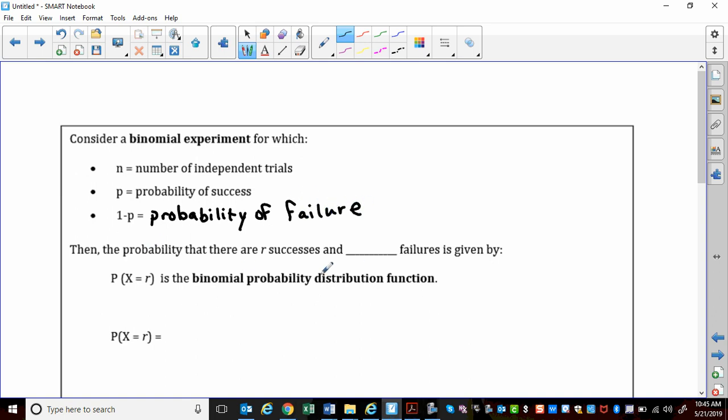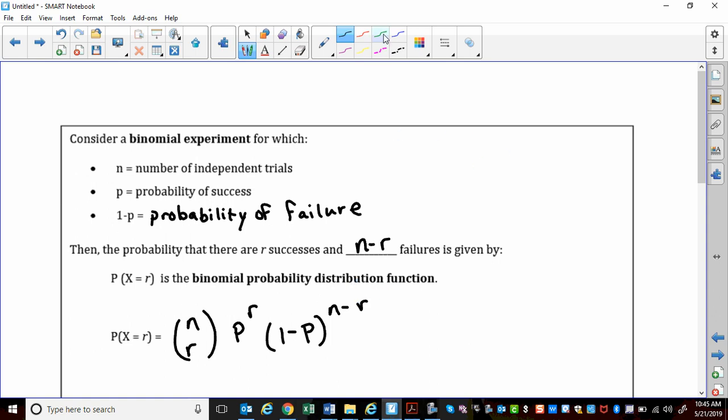Then the probability that there are r successes and n minus r failures is given by P of x equals r, a binomial probability distribution function. And it says P of x equals r equals n choose r, P to the r, and 1 minus P, or the failures, to the n minus r.